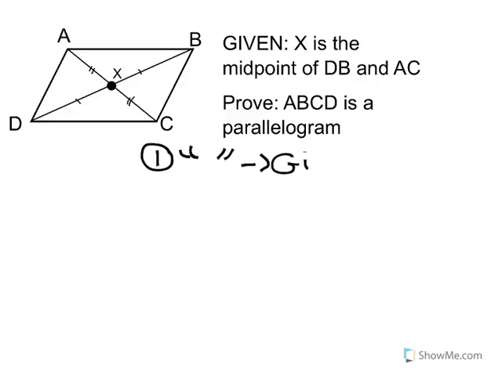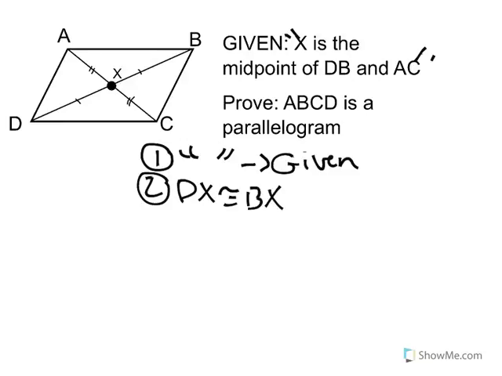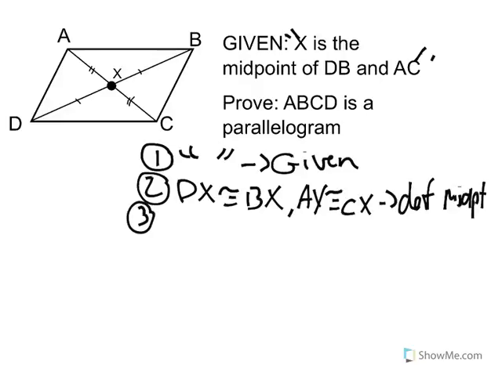So based off of the given, we know that DX is congruent to BX and AX is congruent to CX by definition of midpoint. Now I also have some vertical angles.